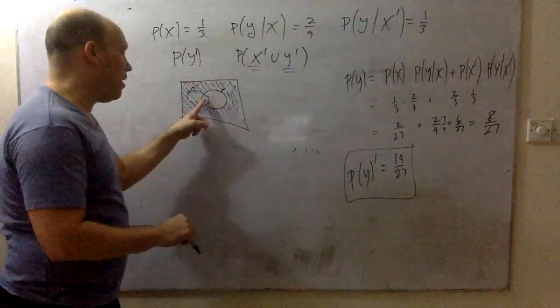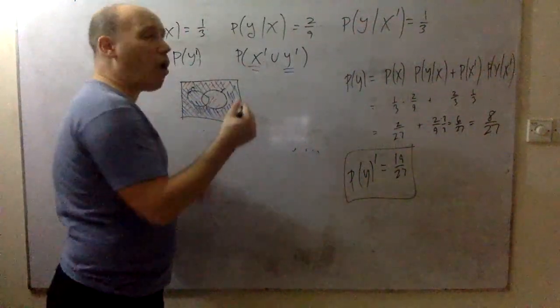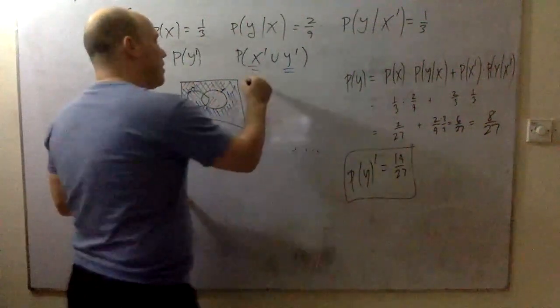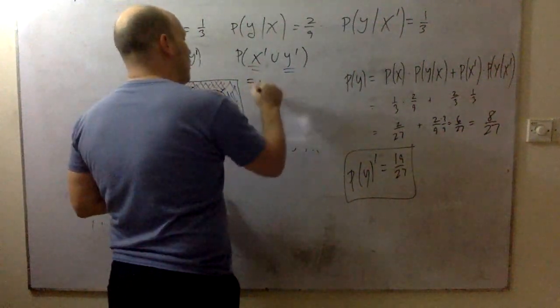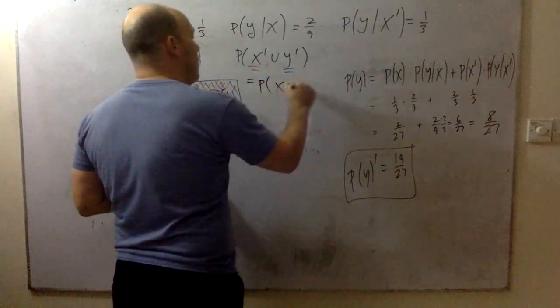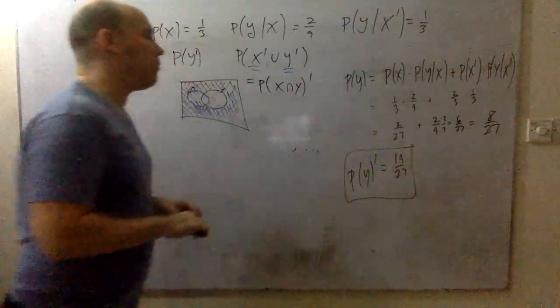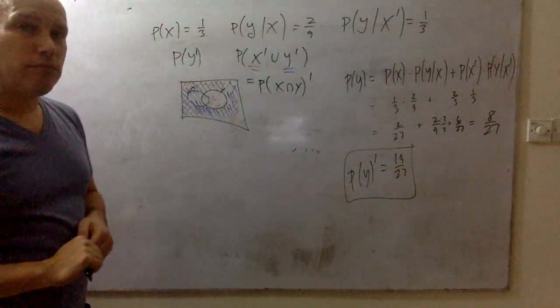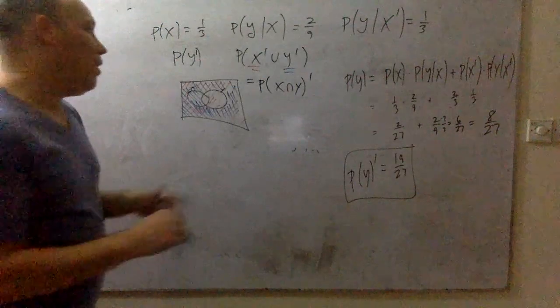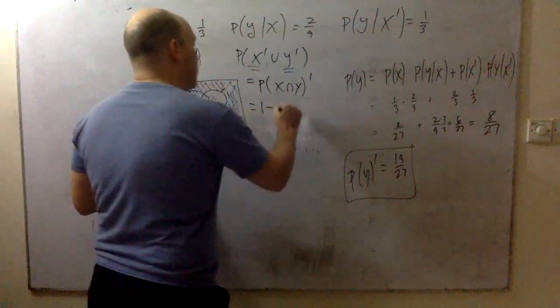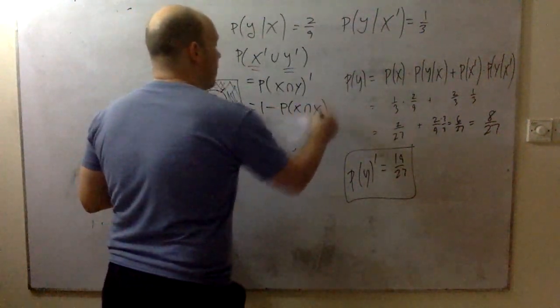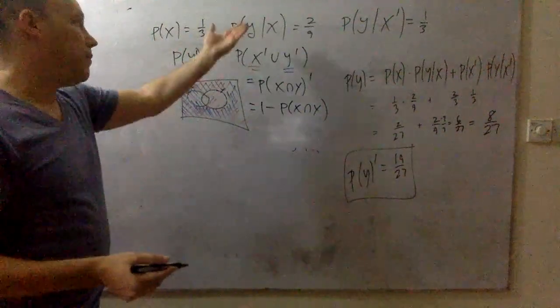But what didn't I shade? Well, I didn't shade the intersection. And so we recall, this is De Morgan's law. This is actually equal to the probability of not the intersection. Well, we know that's equal to 1 minus the intersection, and we're basically done.